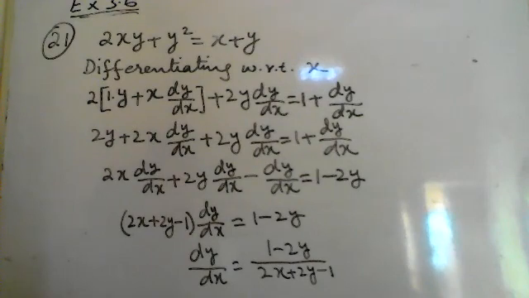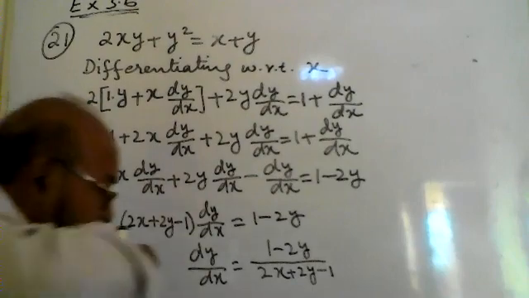So to find the equation of the tangent and normal, we will find dy upon dx in the implicit functions, and then we'll put the value of x1, y1 in dy upon dx, and then we'll get the slope. And then that slope will be used to find the equation of the tangent and normal. That is y minus y1 is equal to m into x minus x1. So we'll do the same questions.